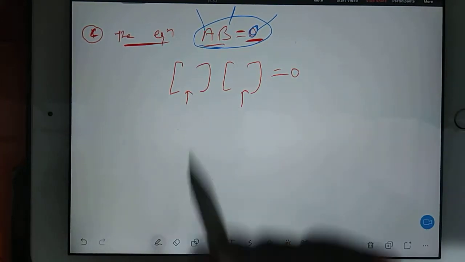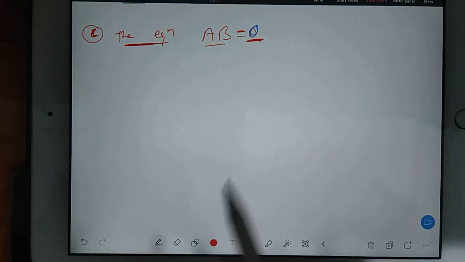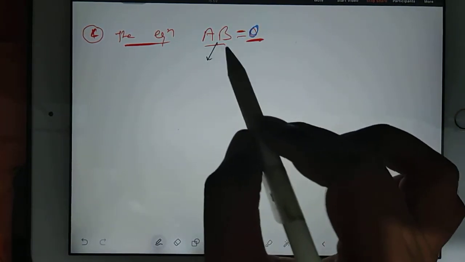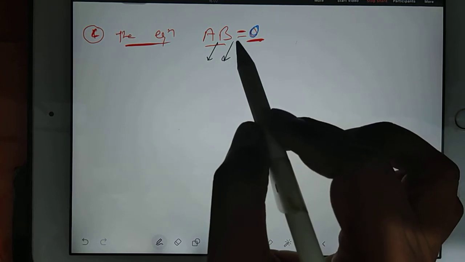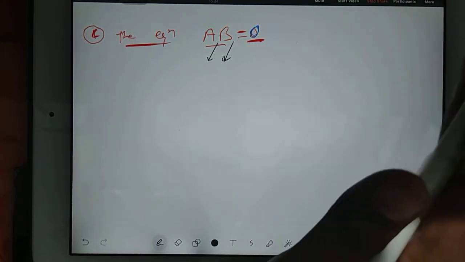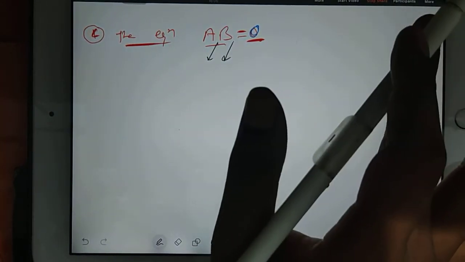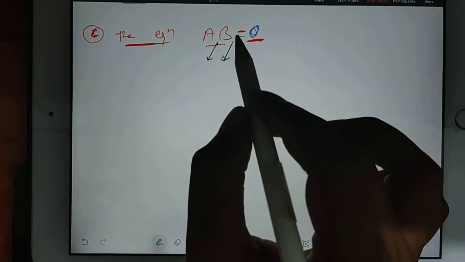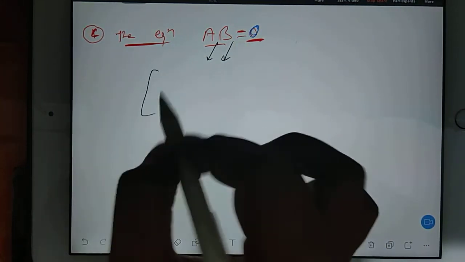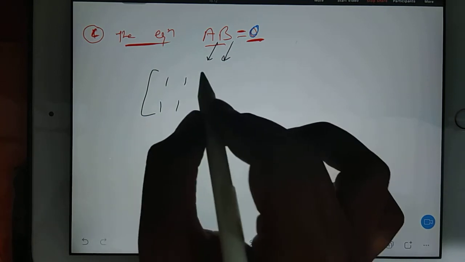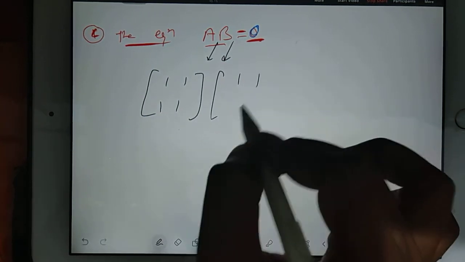So you complete the sentence like this. Because maybe A is non-zero and B is non-zero. I mean, their values are not 0, but fortunately their product is coming 0. That is my point. So for example, you take 1, 1, 1, 1, and you take 1, 1, minus 1, minus 1.